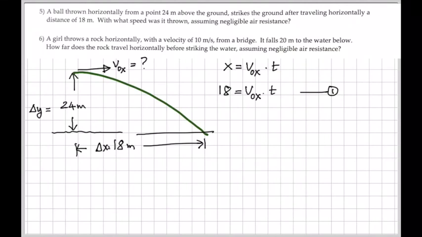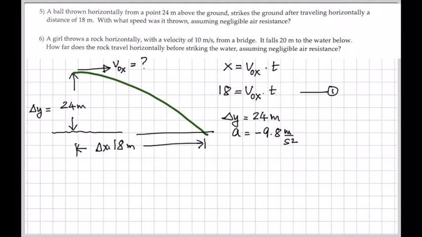Now let's talk about the y component. What do you know about the y? You know delta y is 24 meters. What is acceleration? It is always negative 9.8 meters per second squared. Why is it always negative? Because it's always going down.